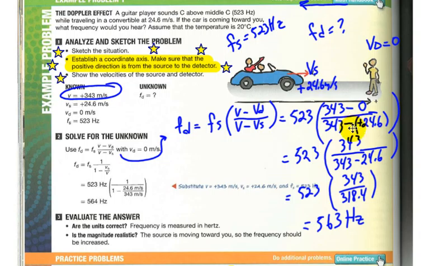A negative and a negative is a positive, so we would have been adding 24.6 and getting a number less than 1 here, which would have decreased the frequency. So just be sure to draw that the source is going towards the detector from left to right. Moving to the right is a positive movement, and moving to the left is a negative movement.